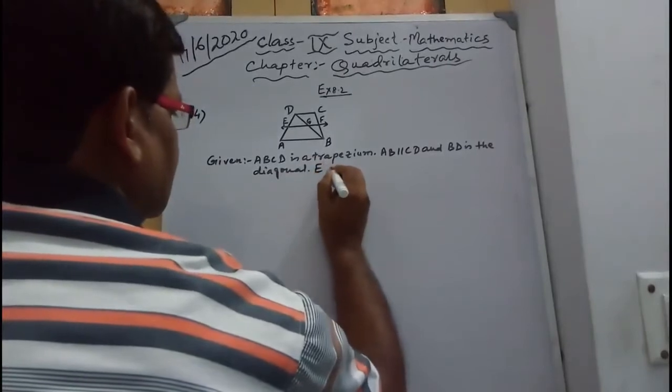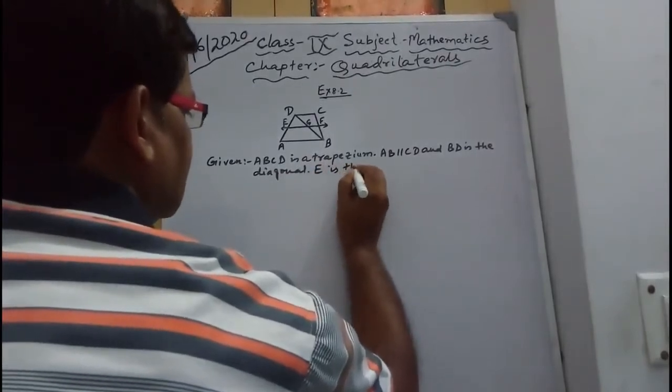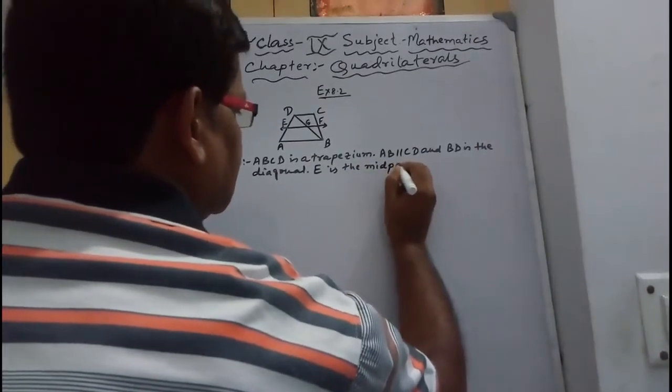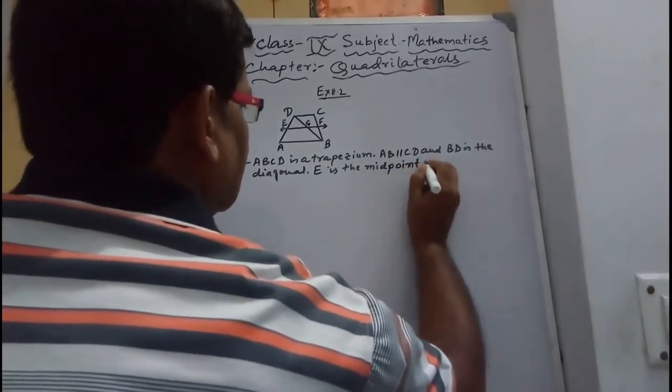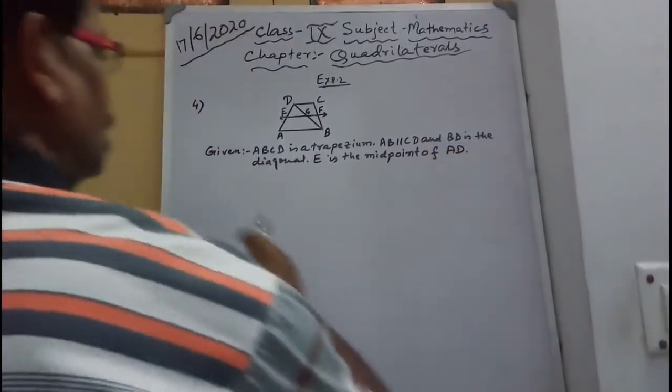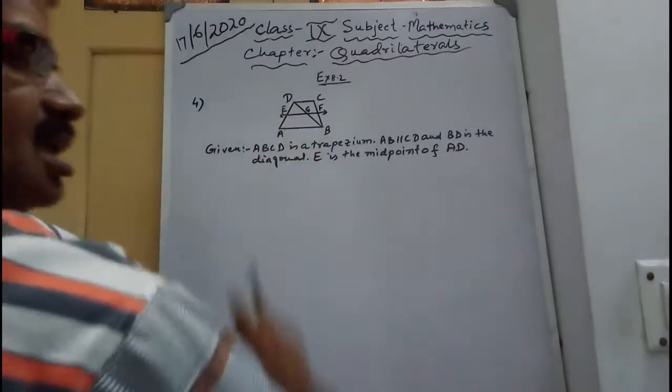E is the midpoint of AD. So this is given in the question.